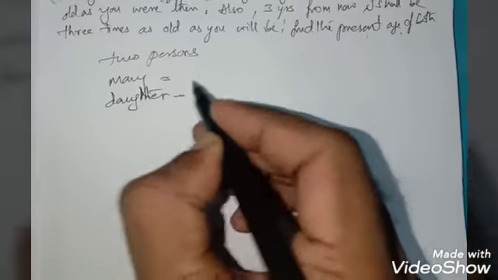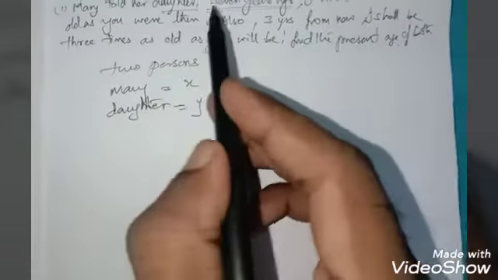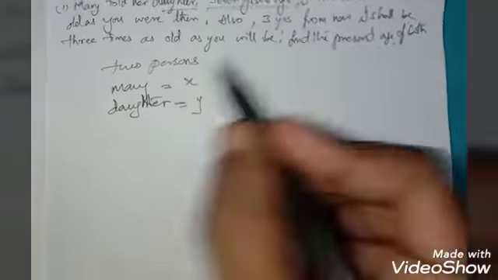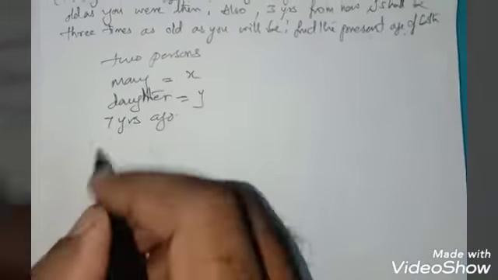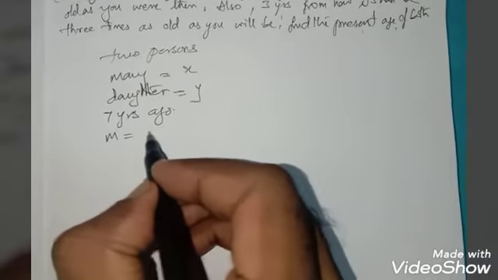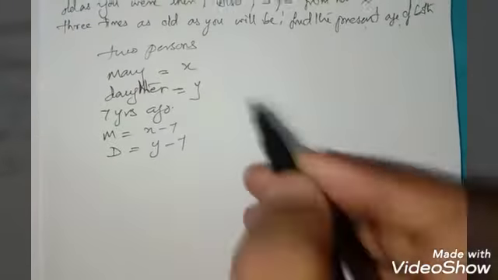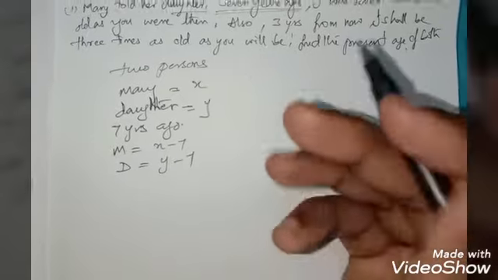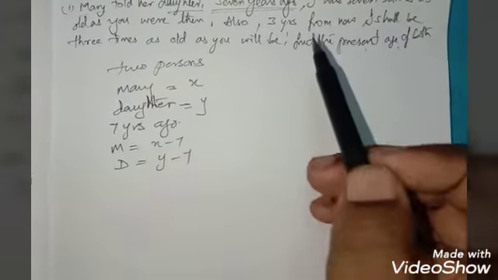If I denote Mary as x and the daughter as y, then as per the first statement, 7 years ago, Mary's age will be x minus 7, and her daughter's age is y minus 7. Ago means we have to take minus. From now means we have to take plus.